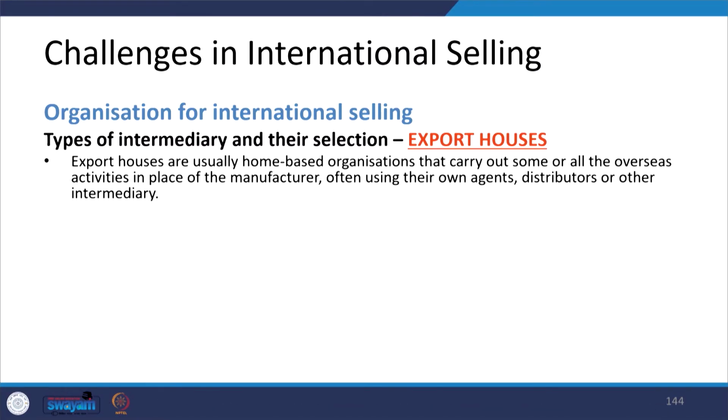Again, you can have export houses, the fourth option you have. Export houses are usually home-based organizations that carry out some or all overseas activities in place of the manufacturer, often using their own agents, distributors or intermediaries. These export houses are available in your home market. Some companies entirely handle the export of certain goods and products.